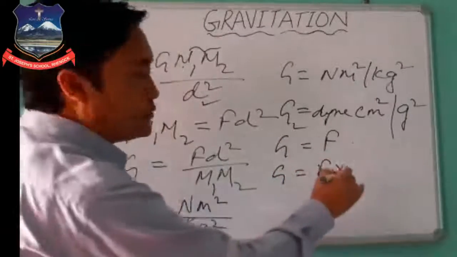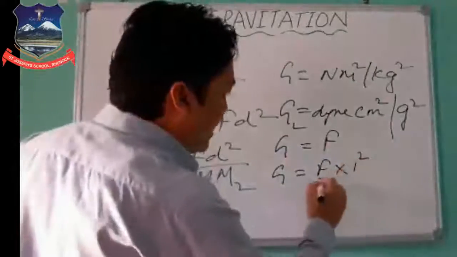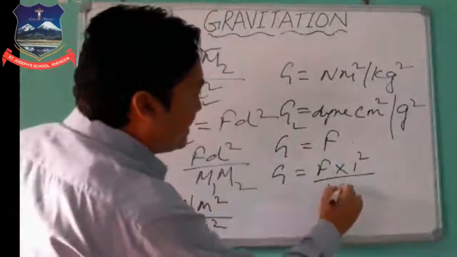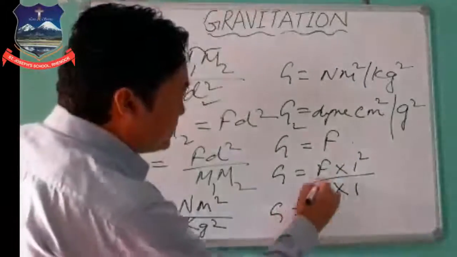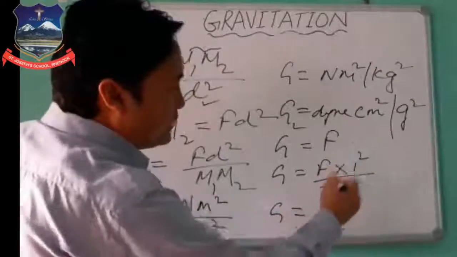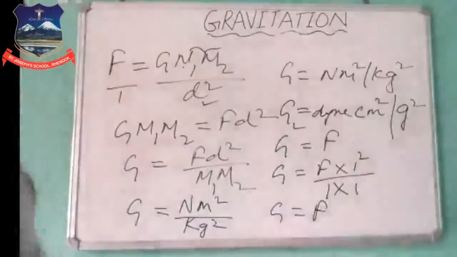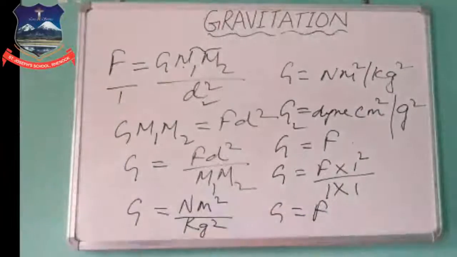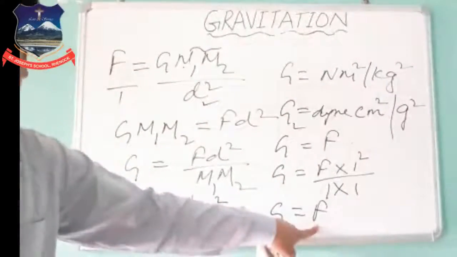Let the distance between the two bodies be 1 meter, so 1 square, and the masses of the two bodies be 1 kilogram each. So F equals G into 1 into 1 divided by 1, which is G. That means G equals F, so the gravitational constant equals the gravitational force.